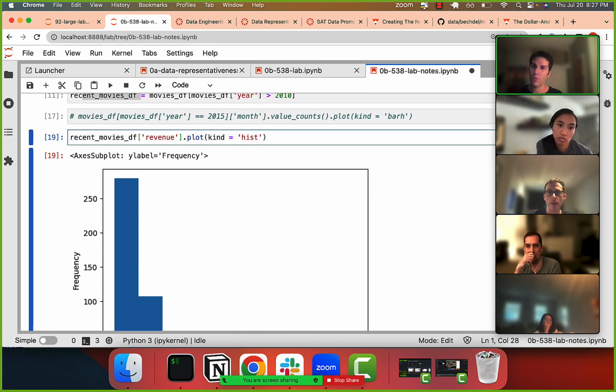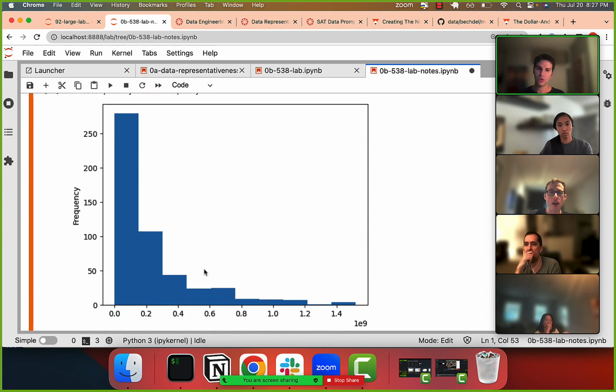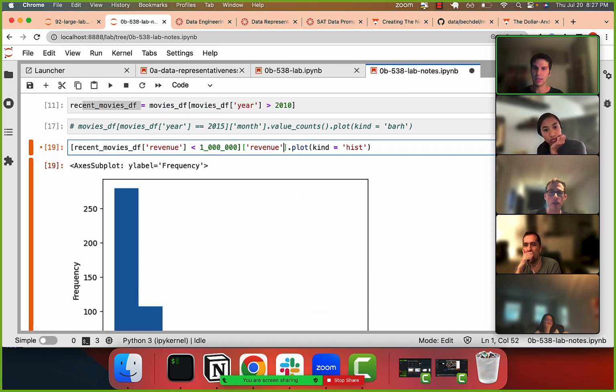So maybe what we'll do is scope down to values where the revenue is less than, say, $1 million, just to see how many revenues I have less than $1 million. That way I can get a better sense of the lower end of my distribution, because this 1.4 billion or whatever is making it hard to get a sense of this.